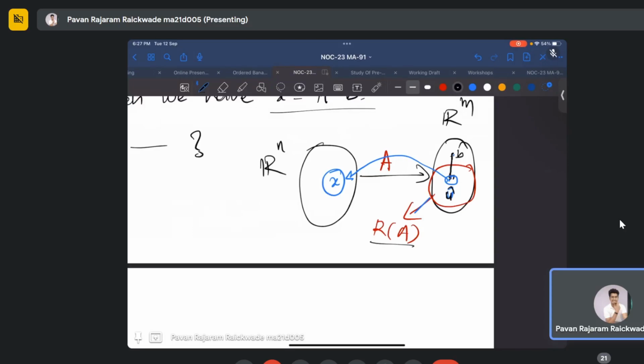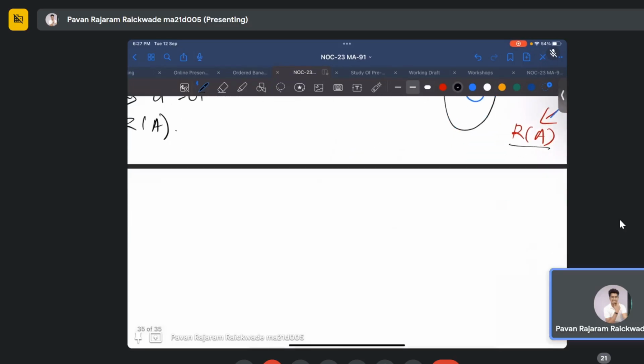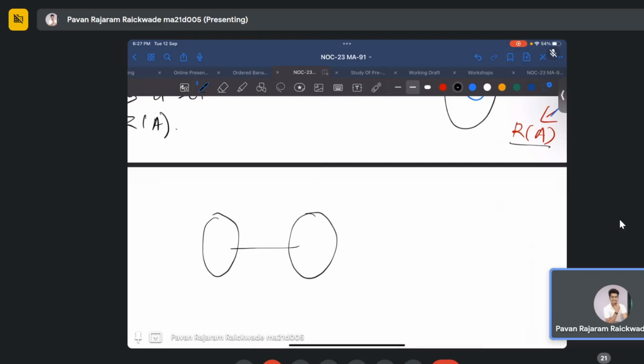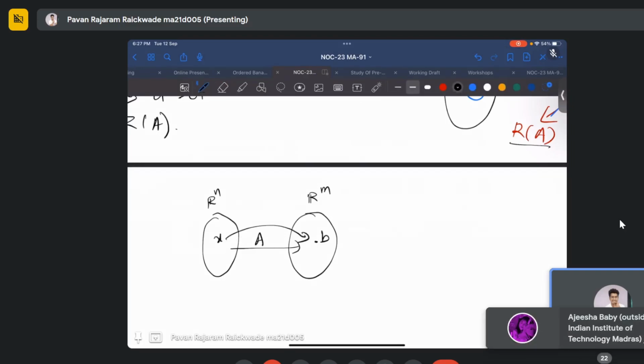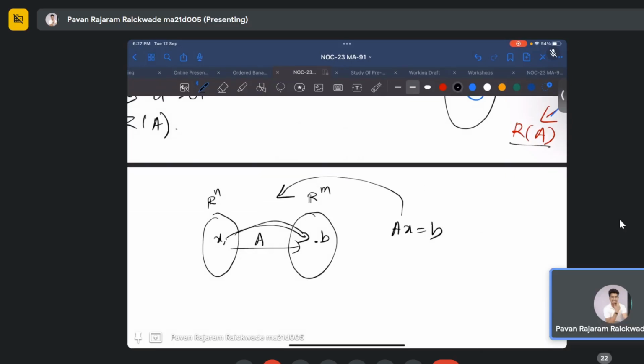What do you mean by solving a system? This is A, this is your Rn, this is your Rm, and this is your element b. You find an element x here such that Ax goes there. This is the general protocol: x maps to b under the map A. But if b is not in the range space of A, there is no such x which maps to b.